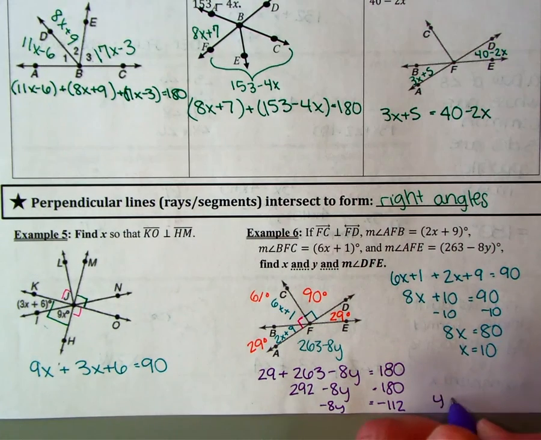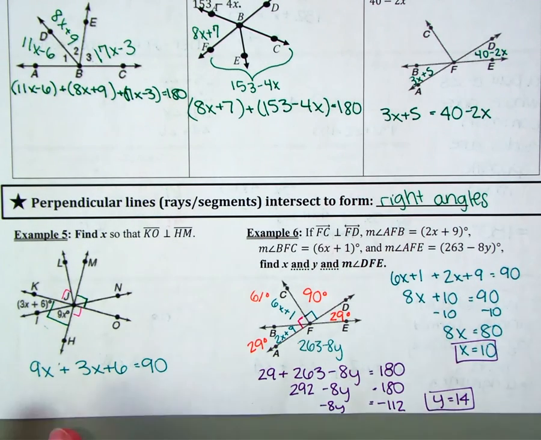And we should find that y is 14. So that one's a little bit tricky. Make sure you check back later to make sure that you have solved the other equations correctly. Let me know if you have any questions.